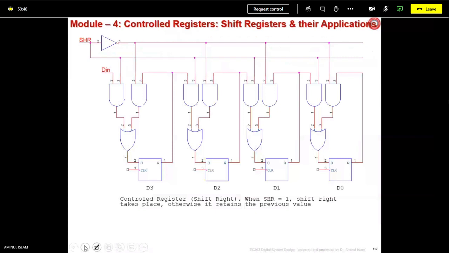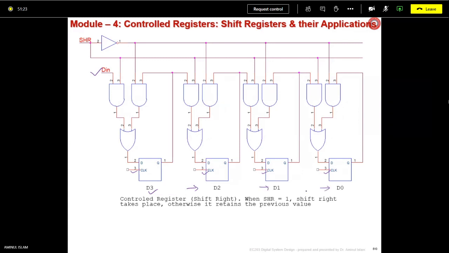Now shift right, SHR. This I have drawn based on the previous diagram. You'll see that you are applying the input D in on the left side, and the clock is applied to every flip flop. Only D flip flops are used, and it is going to make a right shift from left to right, from D3, in this way.